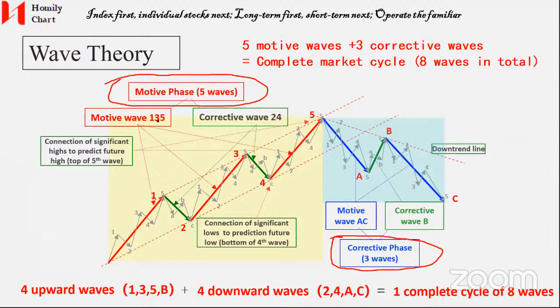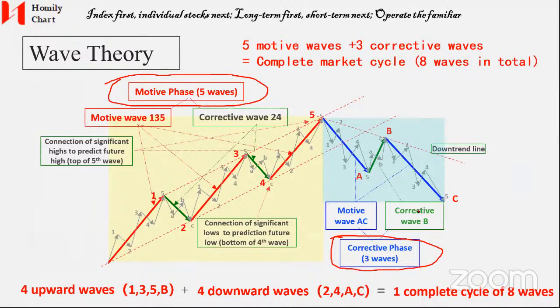We call them motive waves. Then wave 2 and wave 4 are called corrective waves. In the corrective phase, A and C are also motive waves in the downtrend, and then wave B is called a corrective wave.